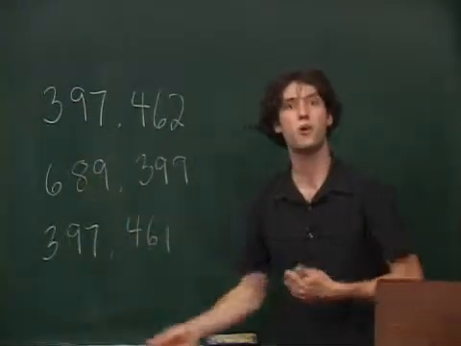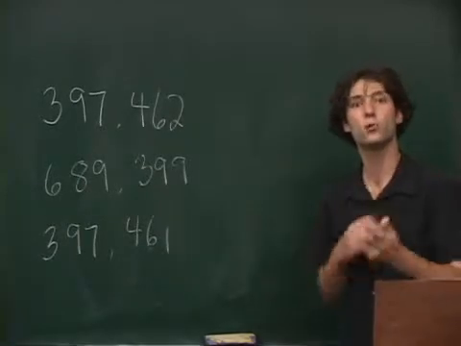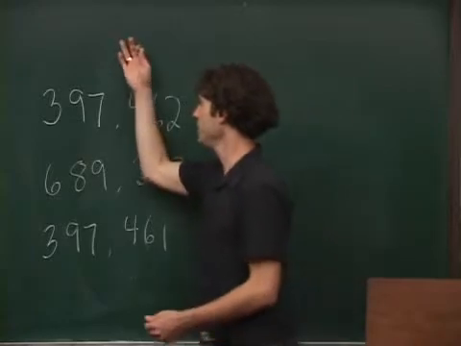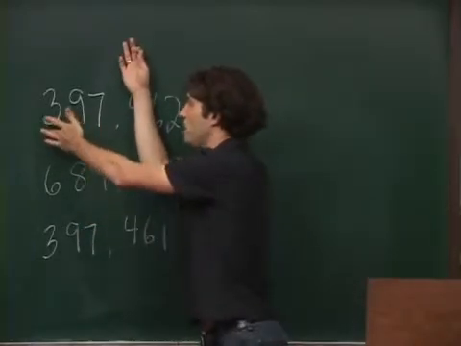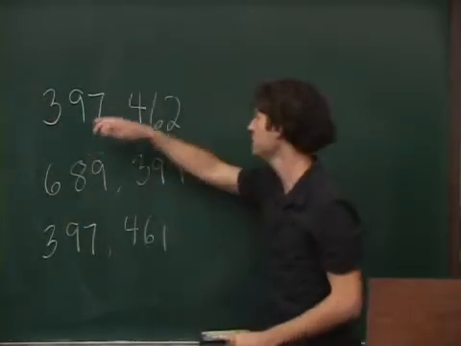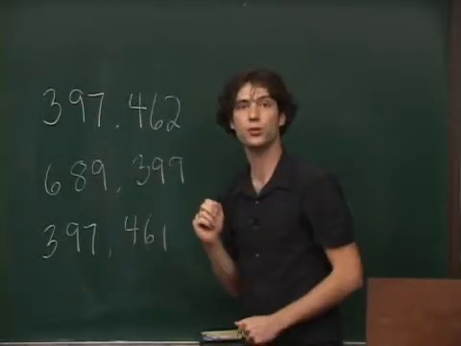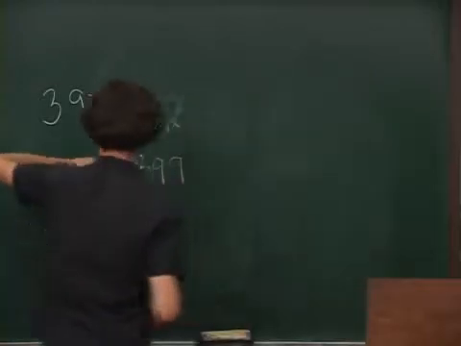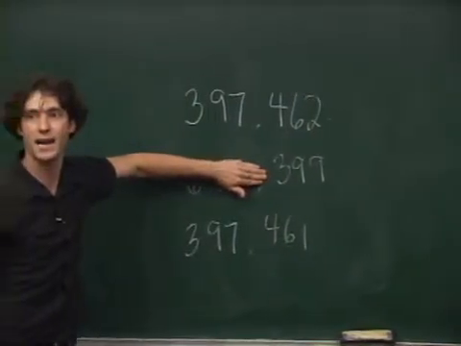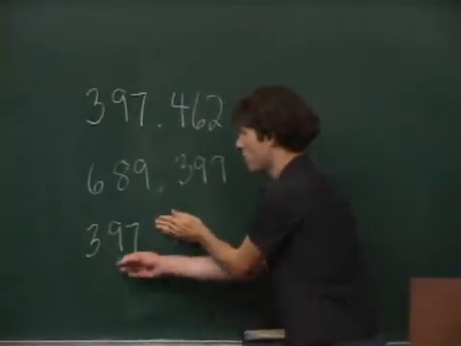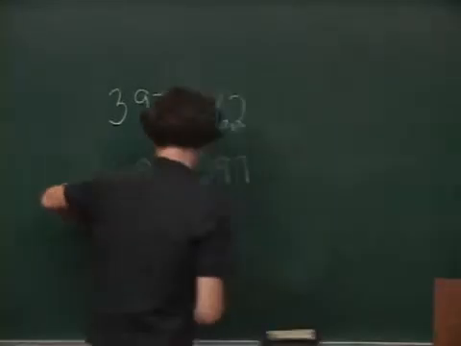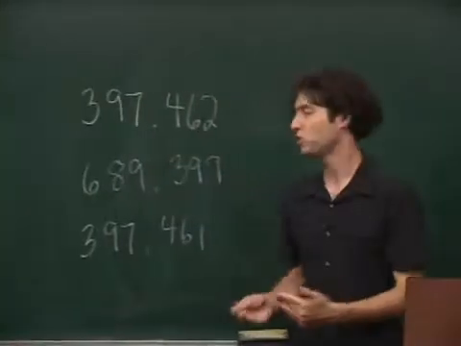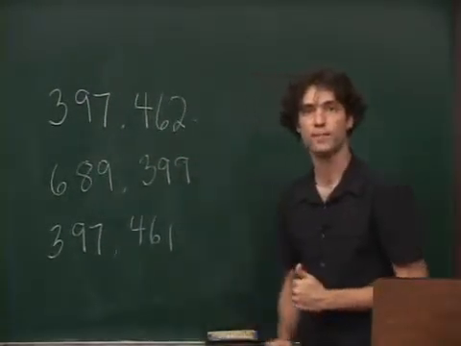Now, let's read the numbers out to see if you really learned what we learned at the beginning. Well, this one here would be, look at the thousands, 397,462. This one would be 689,399. This one would be 397,461. Now, I want you to compare these 3 numbers for me.